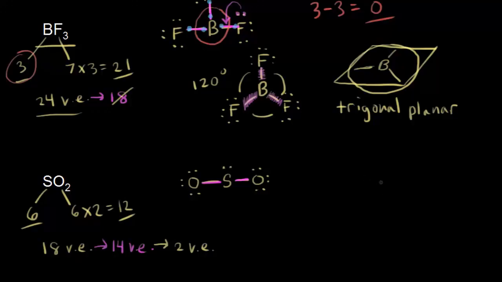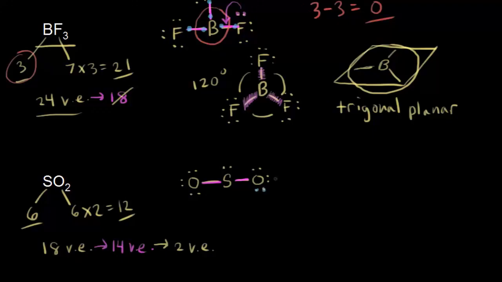Now, we're not quite done with our dot structure because sulfur doesn't have an octet. As one way of thinking about it, you could also think about formal charge. Sulfur's formal charge is not minimized in this dot structure. So we need to share some electrons. Let me go ahead and make these blue here. I could take a lone pair of electrons from either oxygen.